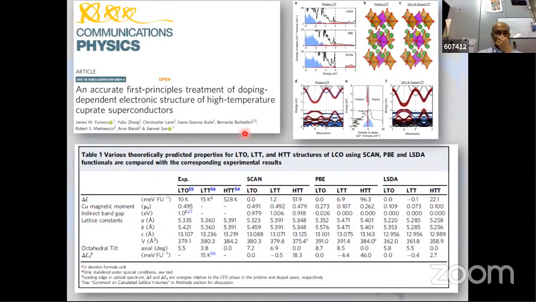A Nature family paper compared it with PBE and LSDA, and this function appears to be the best at this moment to reproduce the electronic state of strongly correlated systems. So our plan is to reproduce our data again by using SCAN.